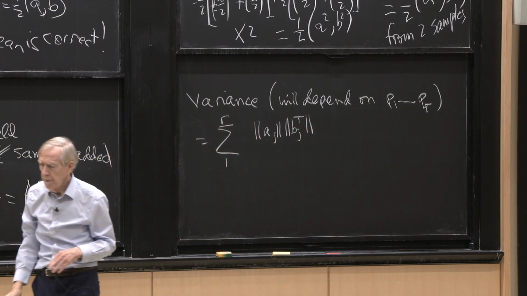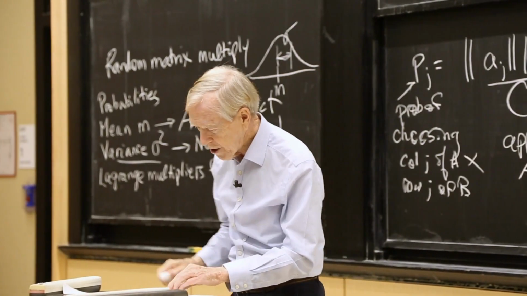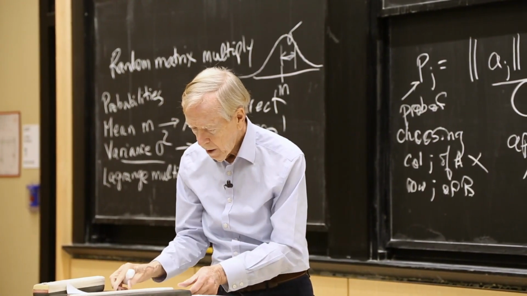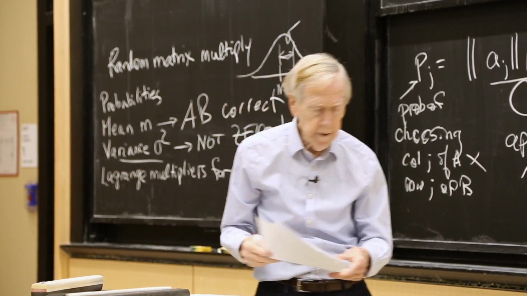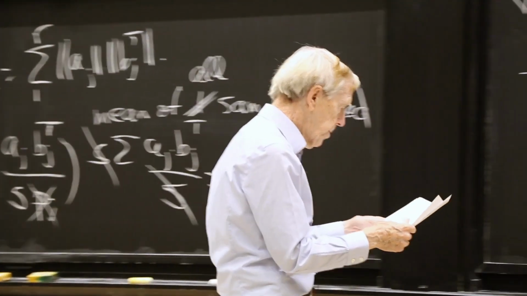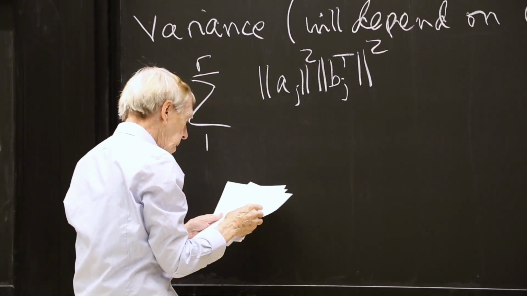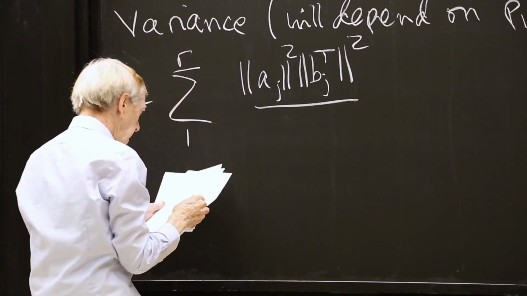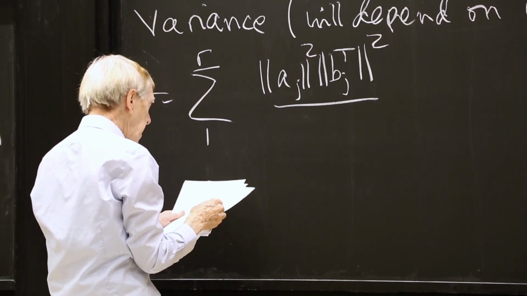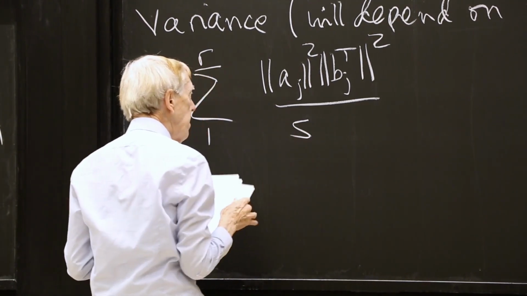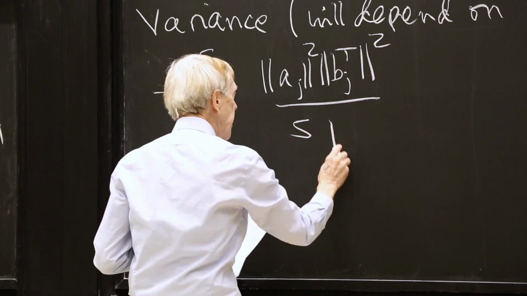Let me just check. Yes, squared, because variances are squared. And then there's an S there, and there's a PJ.